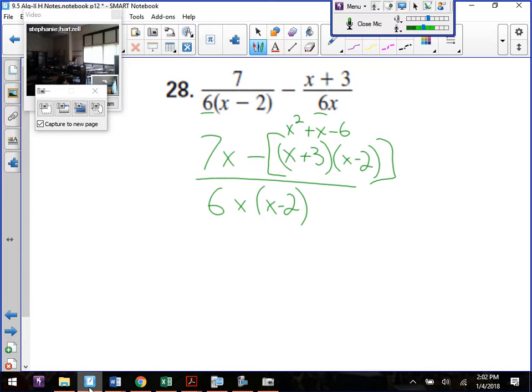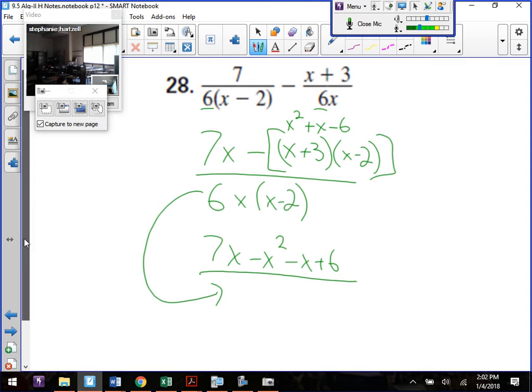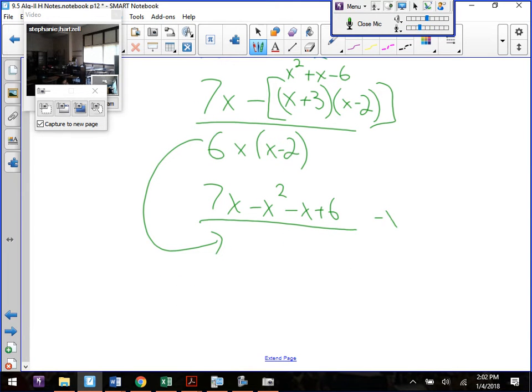The reason I want to do that is because now I can distribute it and leave it out of parentheses. I get 7x minus x squared minus x plus 6, all over that again. Combine your like terms in the numerator: a negative x squared, 7x minus x is a plus 6x, plus 6, all over the 6 times x times x minus 2, and you're done.